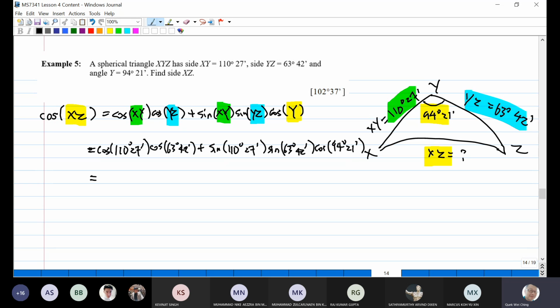So then you press the calculator. This is a lot of calculation, a long-winded calculation.